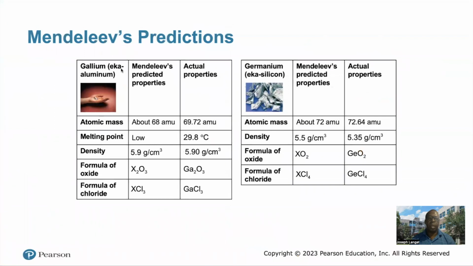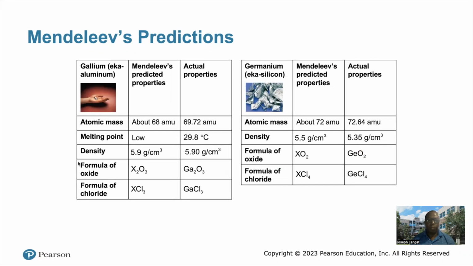Eka-aluminum means below aluminum. If you look at the position on the periodic table, he proposed that it's going to be about 68 atomic mass units. Low melting point, he didn't specify the actual melting point, but it is significantly low compared to the melting point of other elements on the periodic table. Look at the density. He was right on the money.